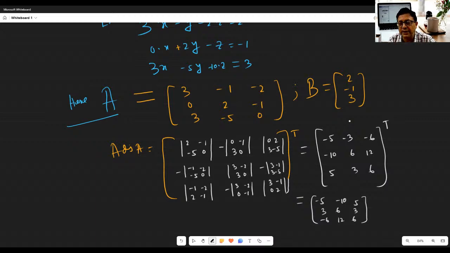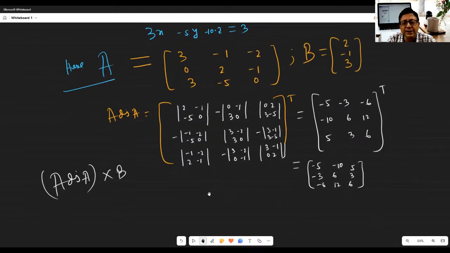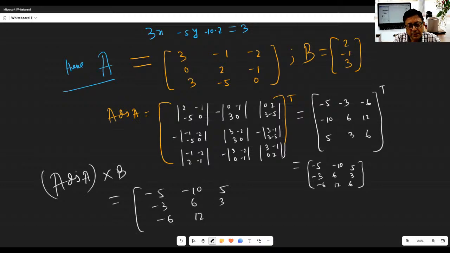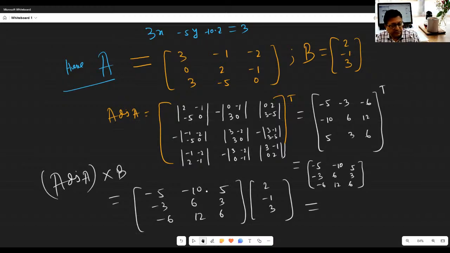So it is minus 5, minus 10, and minus 3. Now find adjoint A into B. Check whether you are getting a zero matrix or not. Minus 10, 5. This multiplied by, you better check it yourself. Do the multiplication, check whether you are getting a zero matrix or not.